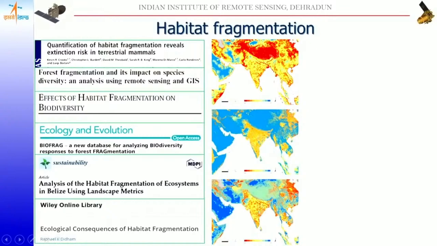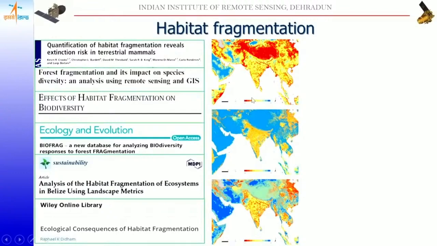You will find that most of the landscape in India, except the small parts in the northeastern region, the Himalayan area, the Western Ghats, or the desert area, which are in blue color, meaning that the landscape is more or less connected. In the rest of India, you can see the high fragmentation of the landscape.